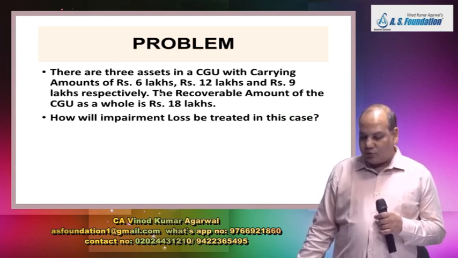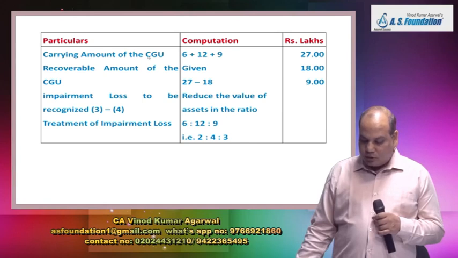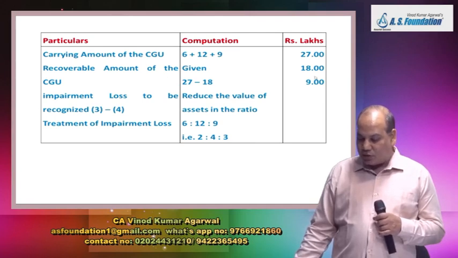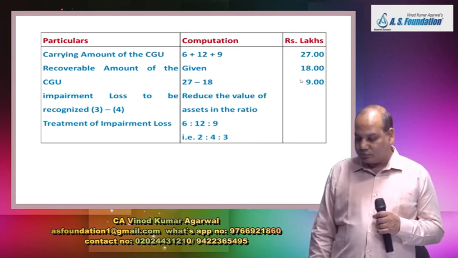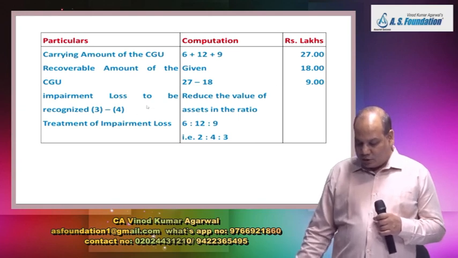Total carrying amount 6 plus 12 plus 9, 27. Carrying amount of CGU in last column 27. Recoverable amount of CGU last column 18. Impairment loss 9. CA write 27, RA 18, IL 9.